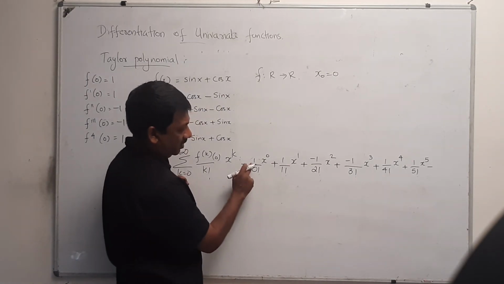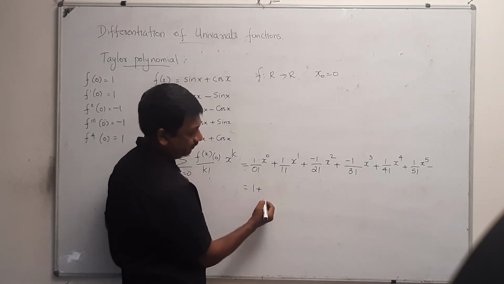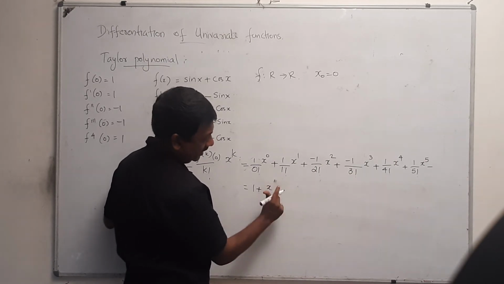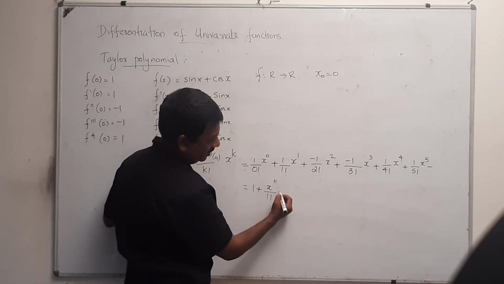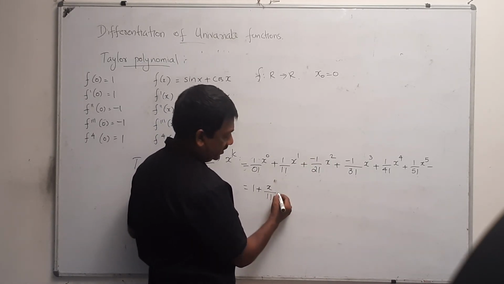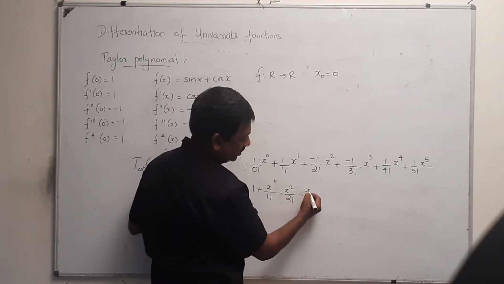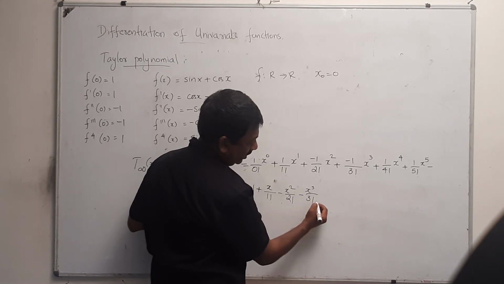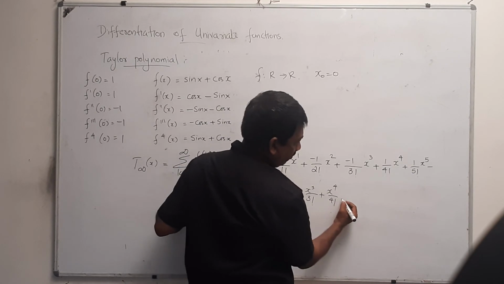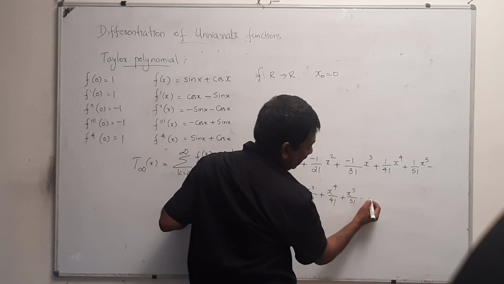That means 1 by 0 factorial is 1, this is 1 plus x by 1 factorial plus minus x square by 2 factorial minus x cube by 3 factorial plus x raised to 4 by 4 factorial plus x raised to 5 by 5 factorial minus etc.